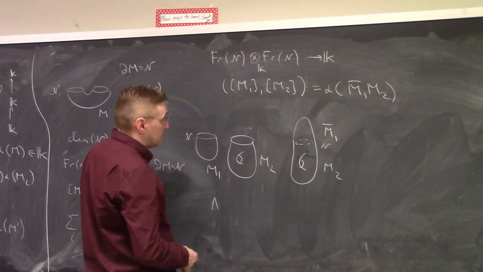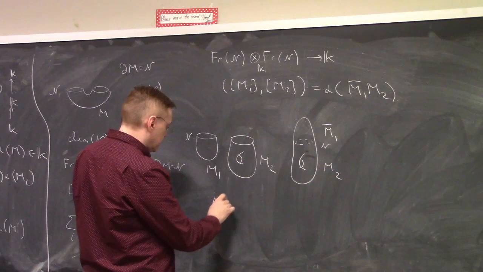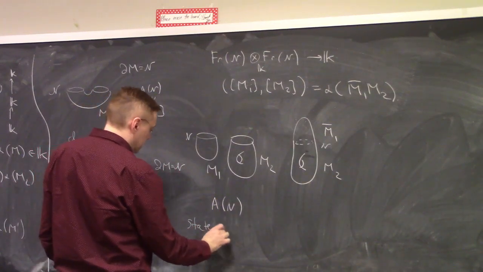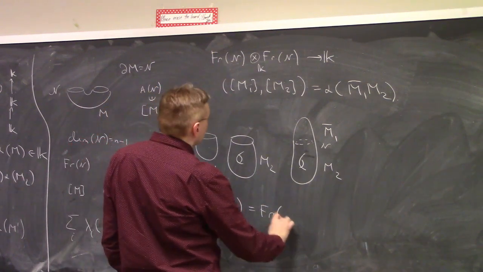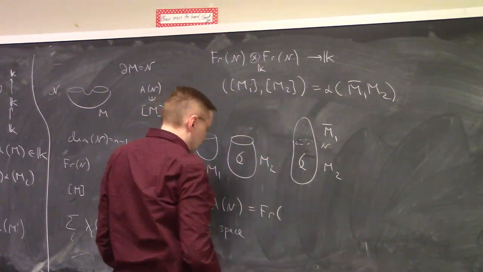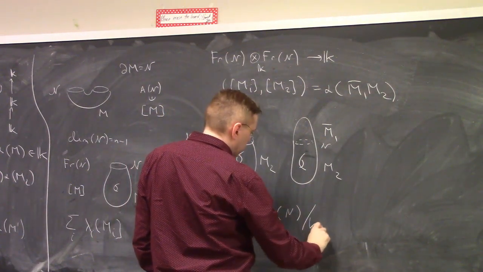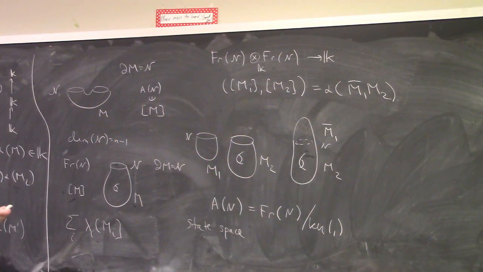So let us define the state space. The state space of an n-1 manifold N is a vector space, defined as the quotient of the free vector space generated by manifolds M with boundary N, modulo the kernel of the bilinear form. So what does it mean?